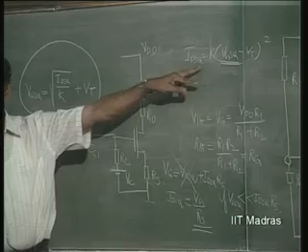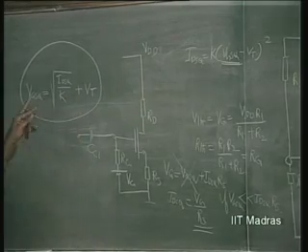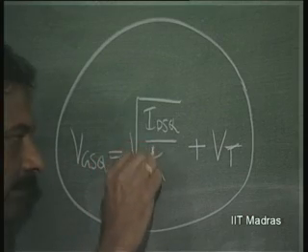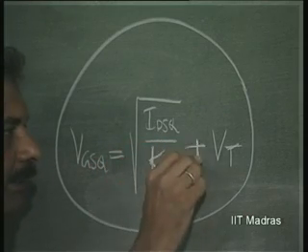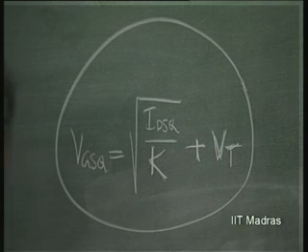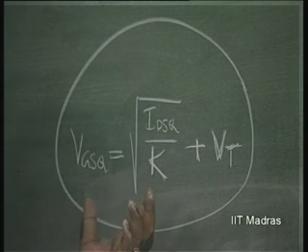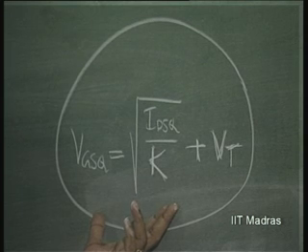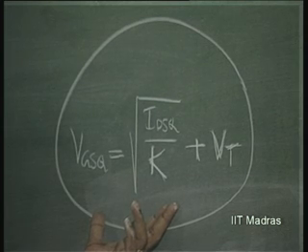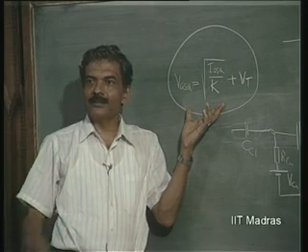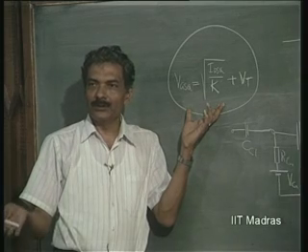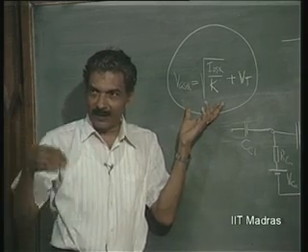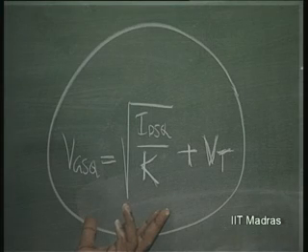From this equation, VGSQ is root of IDSQ by K plus Vt. Now, let me tell you, if you are designing a good FET, K is made very large. K is directly proportional to Gm. Gm is directly proportional to K. So, if you want high value of Gm, K should be high.